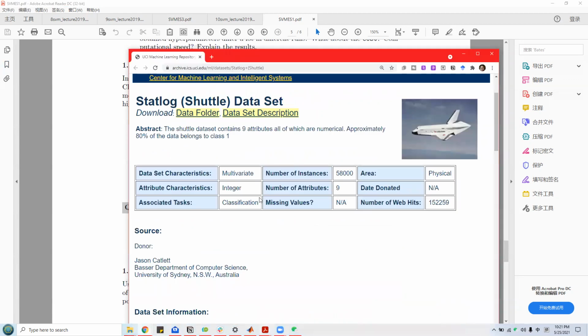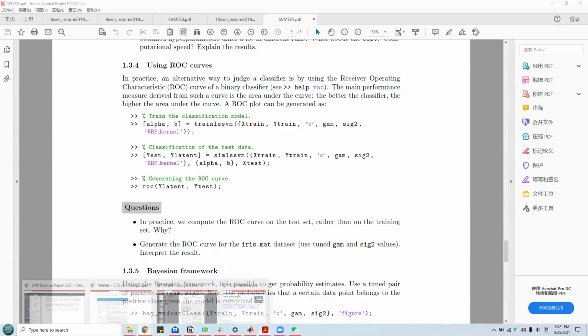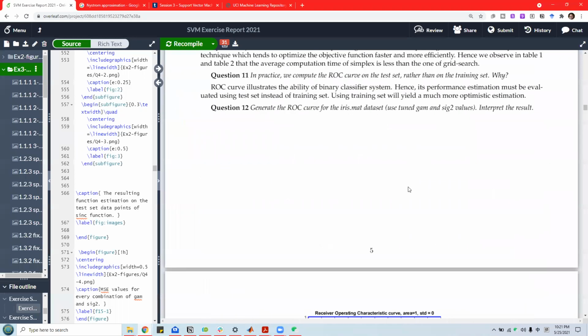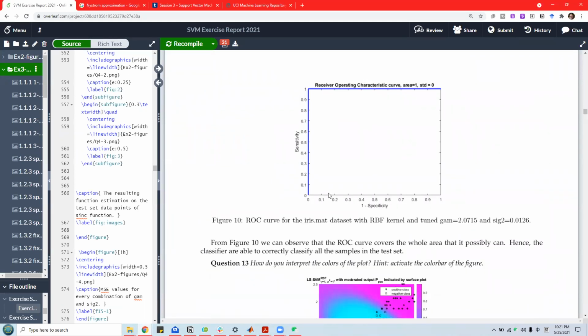Well, it's 0, and if your threshold is 1, but this is just a representation of the perfect classifier, right? You just classify every data point correctly.